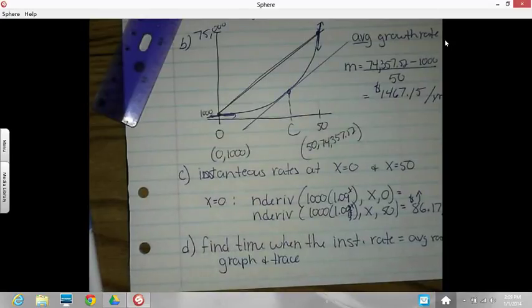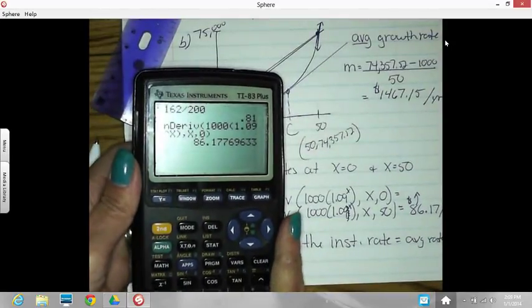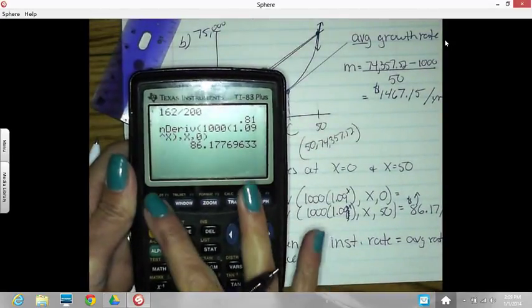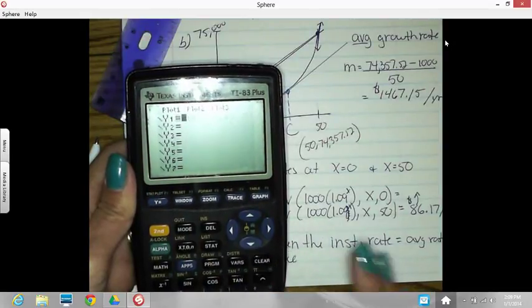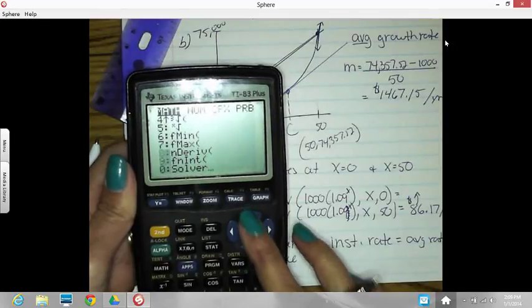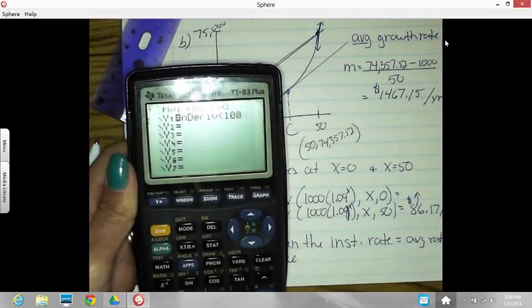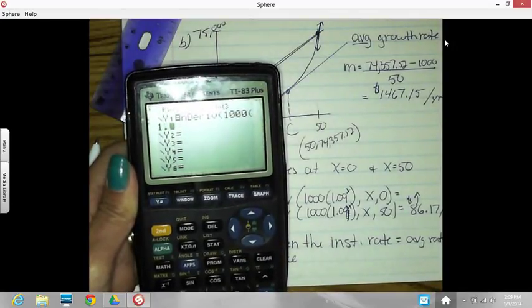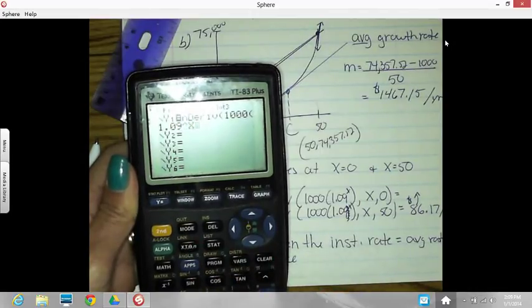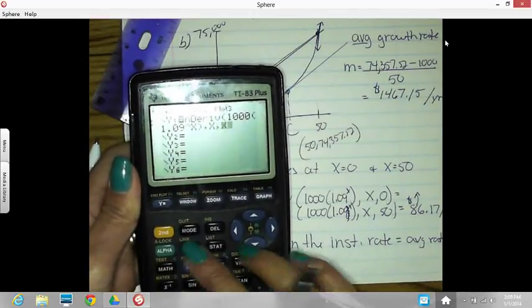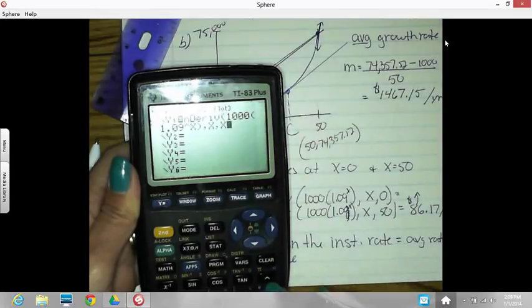So I'm going to go to y equals. Get rid of that function. I want it to graph the derivative function: 1,000 times 1.09 raised to the x, comma, x, comma, x. It'll do all of the x values when it makes the graph.